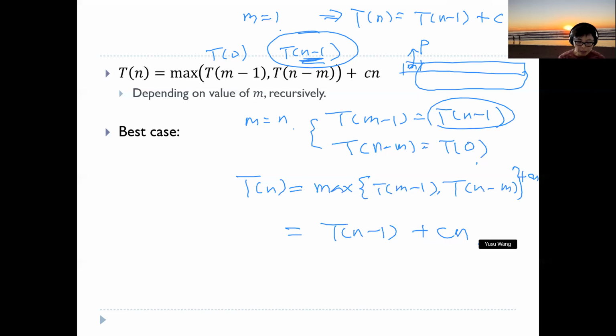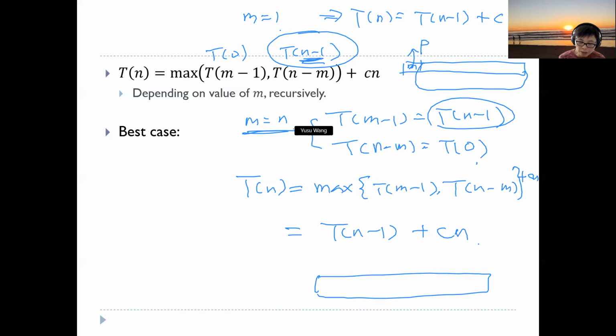So in other words, if m equals n, that means that after partition, the pivot is here. So again, I have to recurse on the left portion. I didn't eliminate anything. Okay, so both of these two cases, we can immediately see they are not great cases.